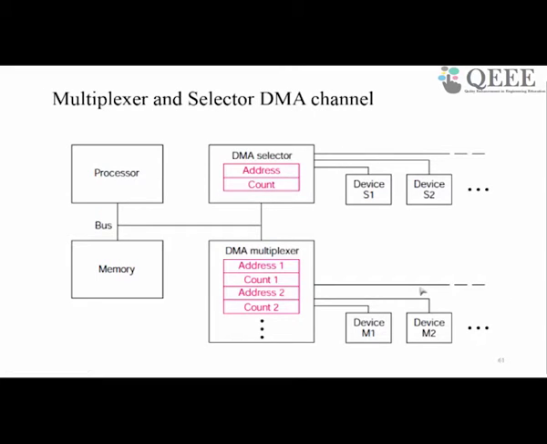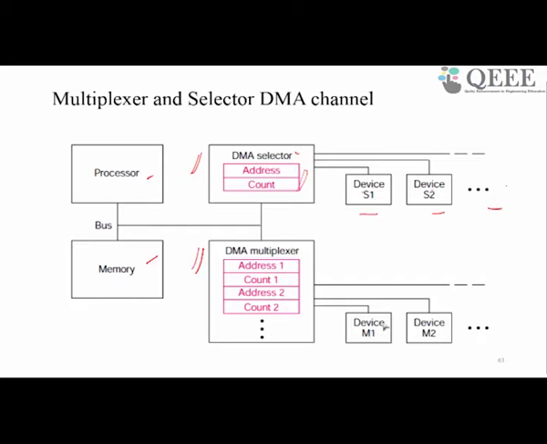Then a DMA controller can be of two types. It may be a DMA selector or a DMA multiplexer. So here you have the processor, memory, and a bus. A number of devices are handled by a single DMA selector. What it does is select one of the devices and make the transfer, keeping track of the address and count of the block transfer.